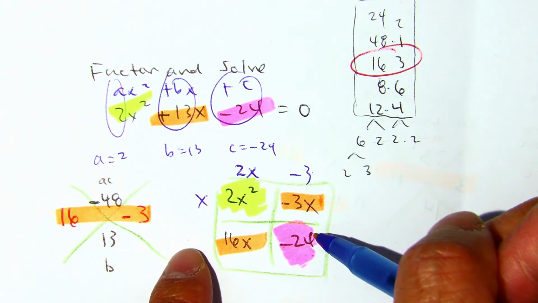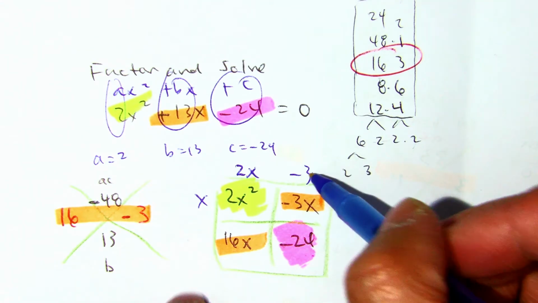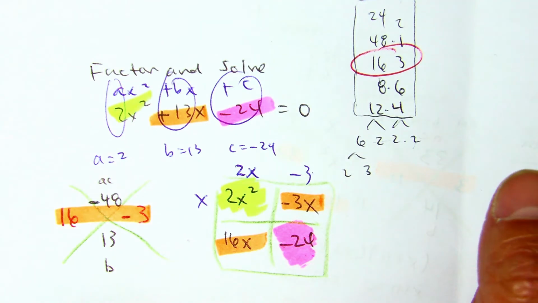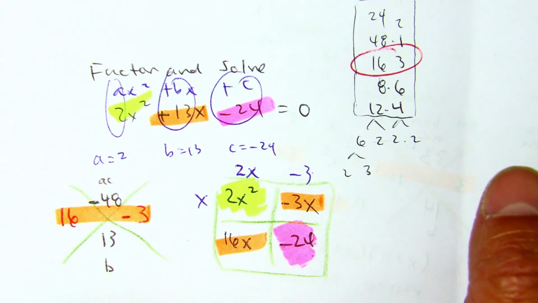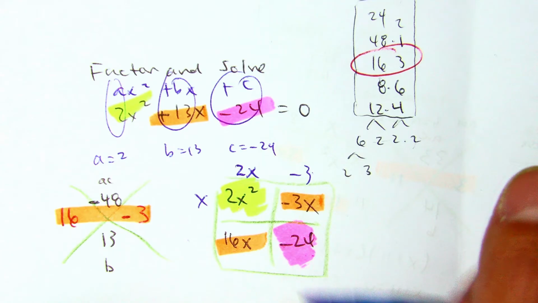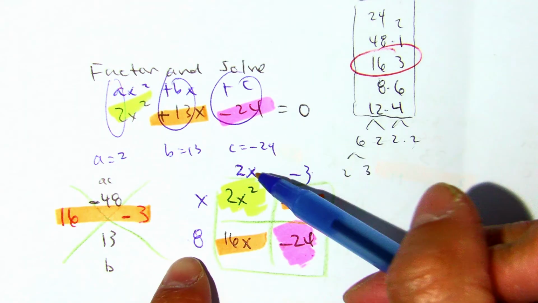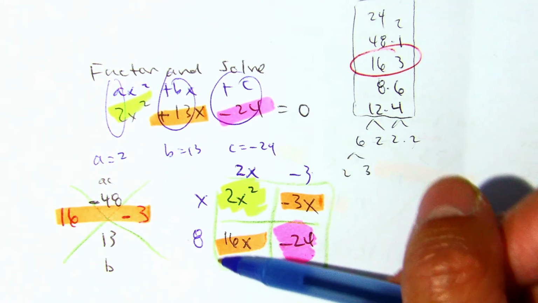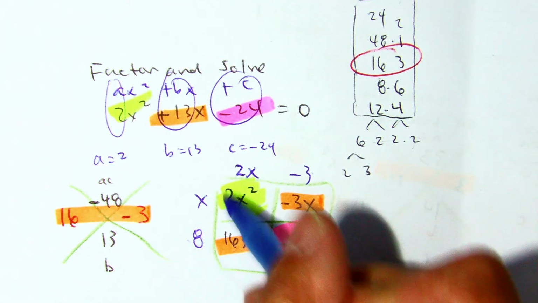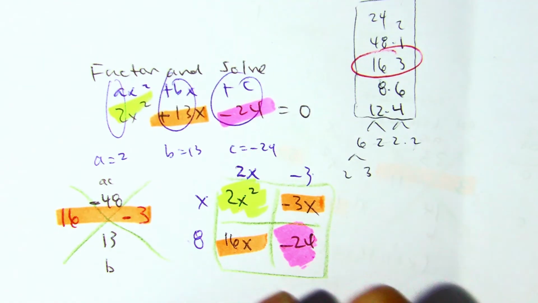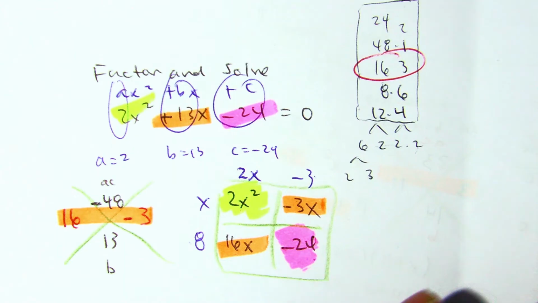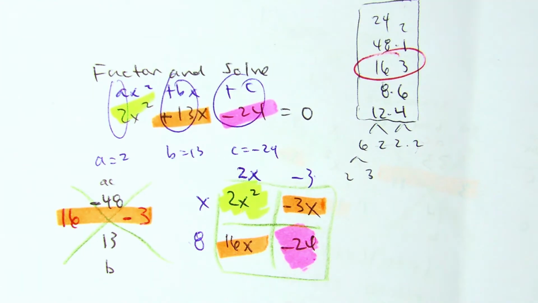Albert, what number times 3 will equal 24? There you go. So 8. These are my binomials, x plus 8, 2x minus 3. Raise your hand if you got that so far.